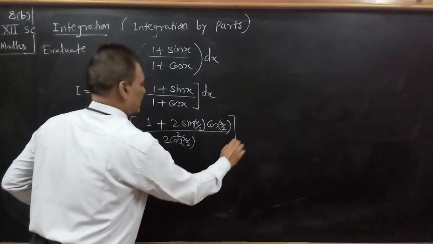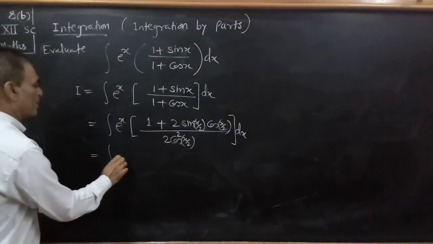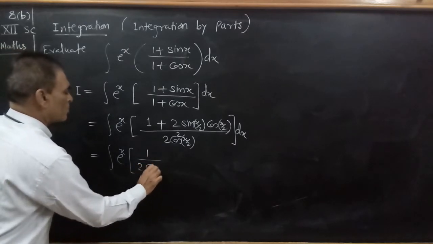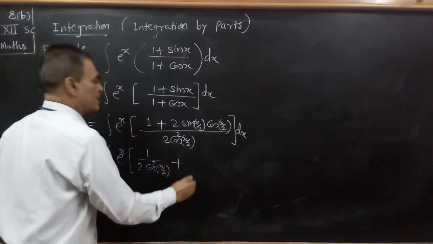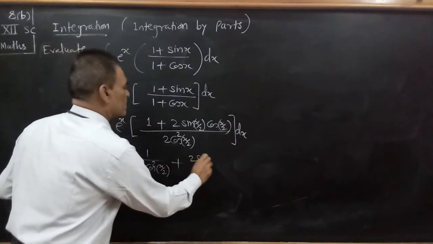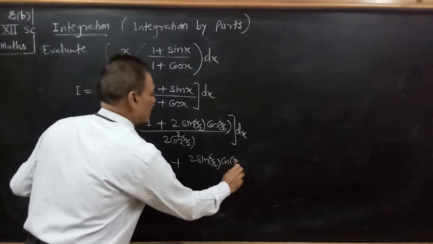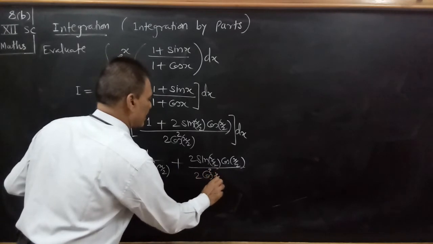Then separate the denominator. Our question is like this: 1 upon 2 cos square x by 2 plus 2 sin x by 2 cos x by 2 divided by 2 cos square x by 2, into dx.